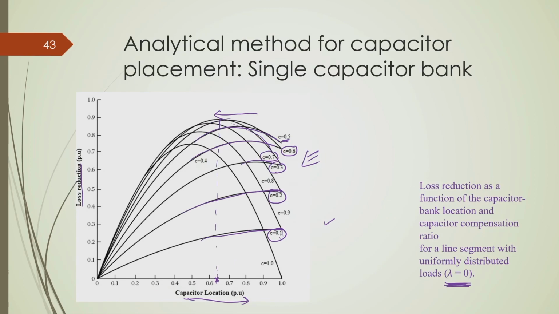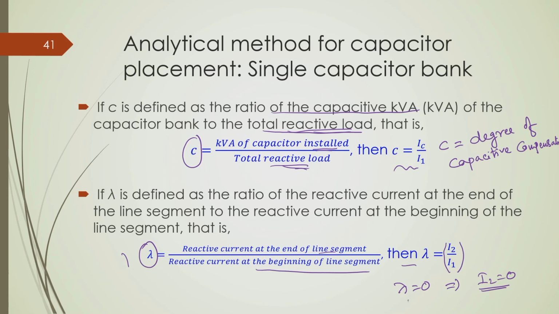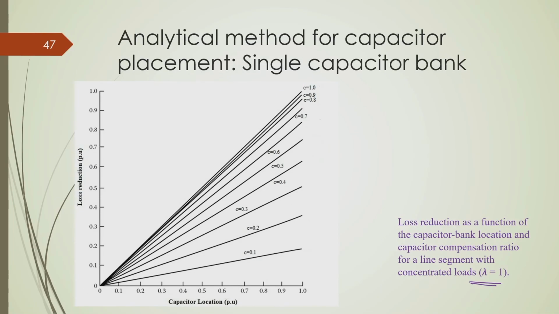If lambda is equal to 1, I 2 is equal to I 1, it means it is a completely lumped load. All loads are concentrated at the end of the feeder. So, where will be the capacitor location so that we get the highest value of power loss reduction? At the end of the feeder.